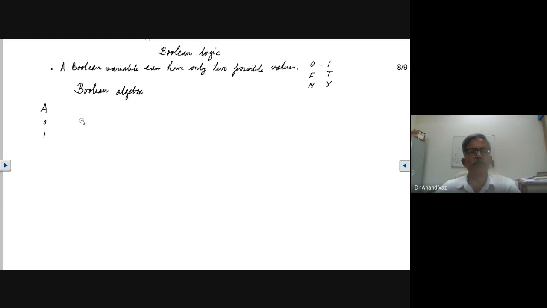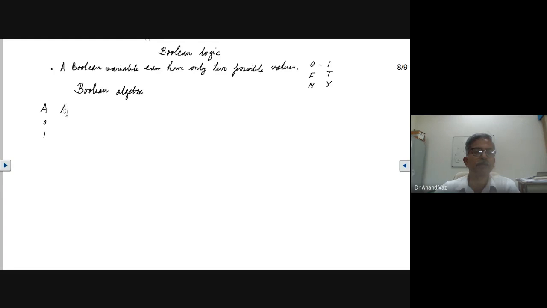Now, you have certain fundamental operations which are possible on this Boolean variable. So, let us look at some of these. You must be familiar with this. You have a NOT operation.